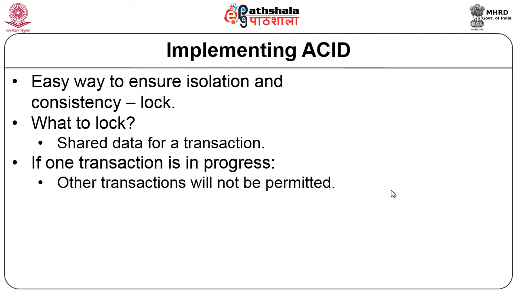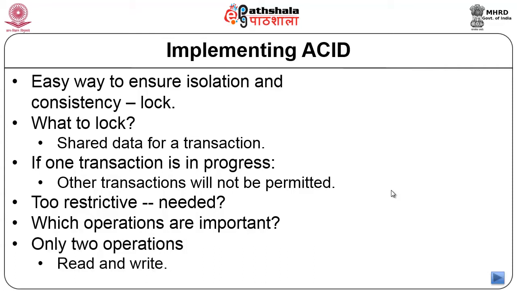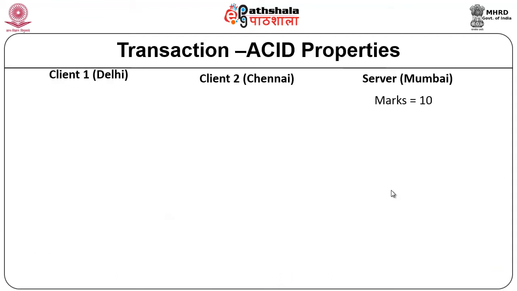If one transaction is in progress, the other transaction will not be permitted. Do we actually need so much restriction? We can look at the individual operations and see which operations are to be locked, and then execute locks. So, we have two operations, one is called a read and the other is called a write. These are the two operations, the RPC based operations, which are to be restricted.